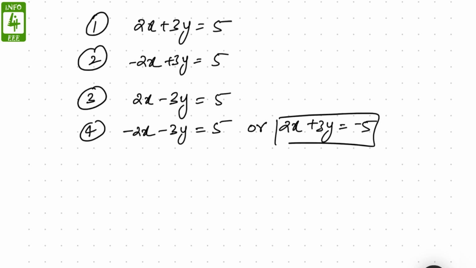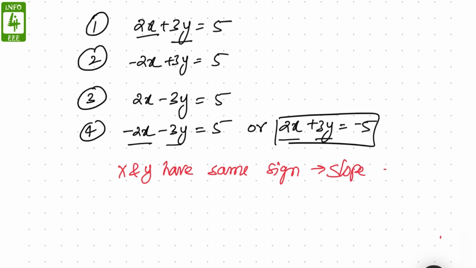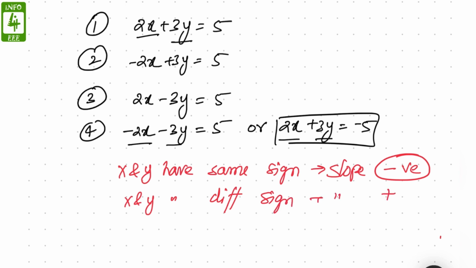Now I can tell you directly, if x and y have the same sign, then the slope is negative. And if x and y have different signs, then the slope is positive. It means that in this case the slope will be negative, in this case positive, positive, and negative.